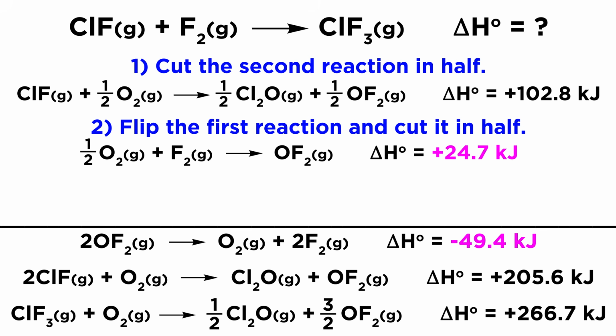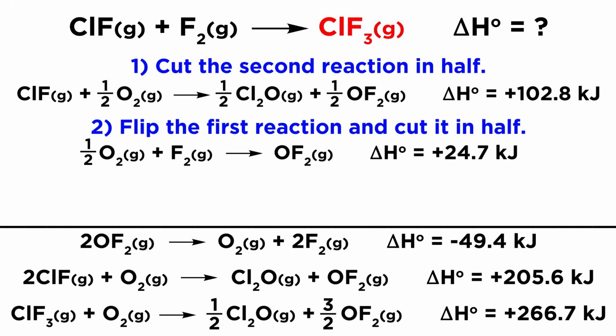So when we flip it, whenever we make the products the reactants and the reactants the products, all we have to do is flip the sign. So we took our negative 49.4 and we made it positive 49.4, but we also cut everything in half. So from positive 49.4, we went down to positive 24.7. So that is the delta H value for this reaction.